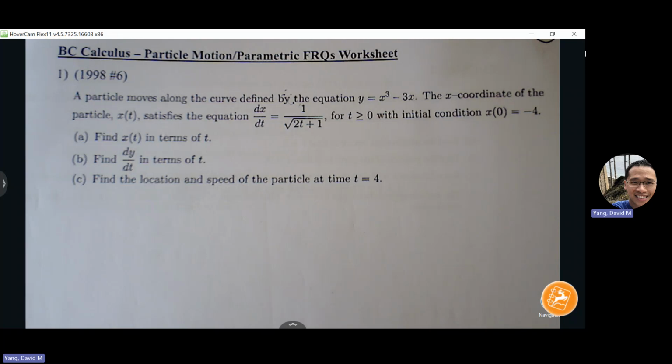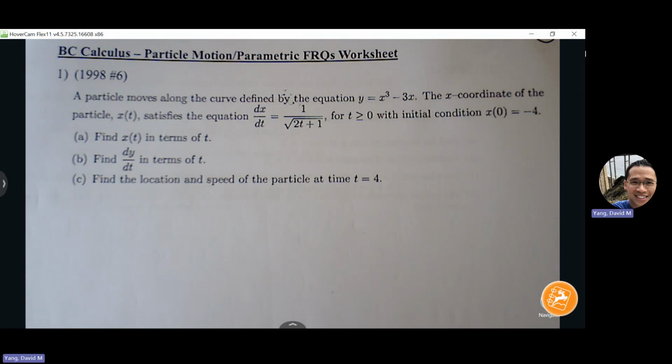We like seeing a parametric particle motion FRQ show up on the BC exam because it feels like an easier problem, almost a bit of a freebie. Not all problems are going to be, and some are more challenging, but in relation to other FRQs, these are the ones we'd like to see if it shows up on the AP exam.